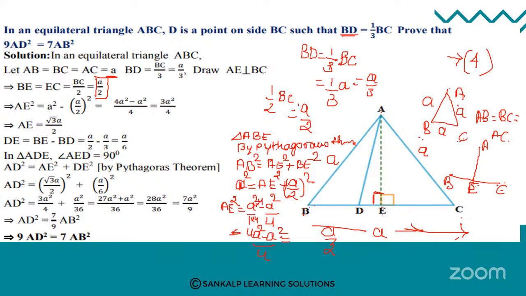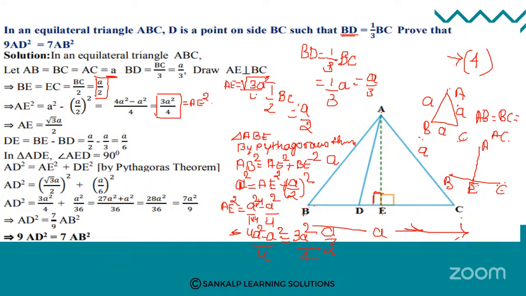That means 4A square minus A square is 3A square divided by 4 you will get. So 3A square divided by 4 is the value of AE square. But what is the value of AE? AE is equal to square root of 3A square.